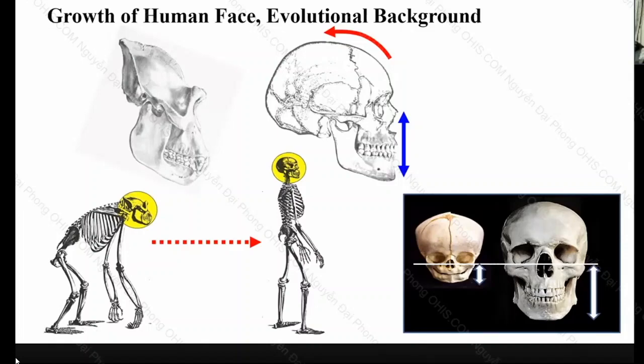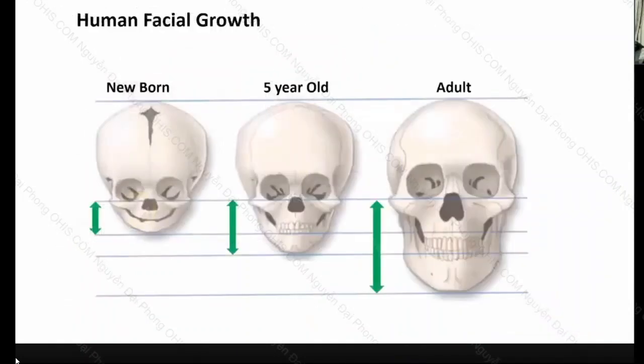So you can see here the newborn baby, the 5 years old skull, slowly increasing lower facial height, and in adult, the lower face increases more. I want to say our facial growth is not so much anteroposterior, but mainly vertical, increasing the height of the lower face.